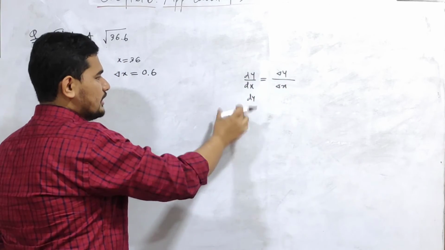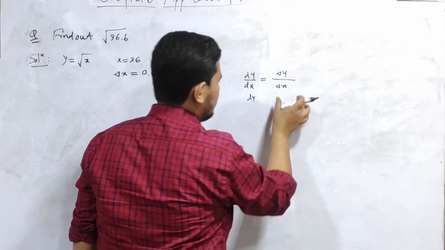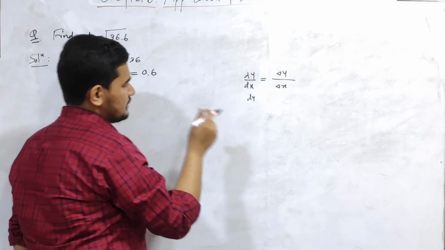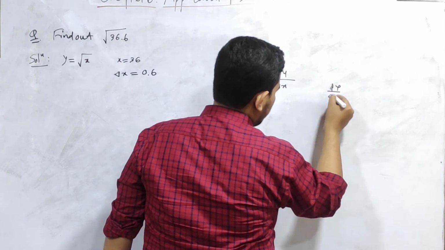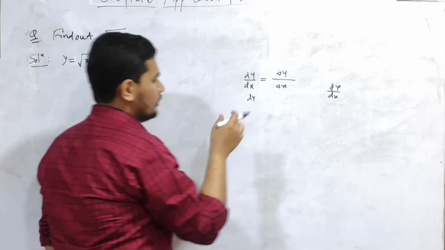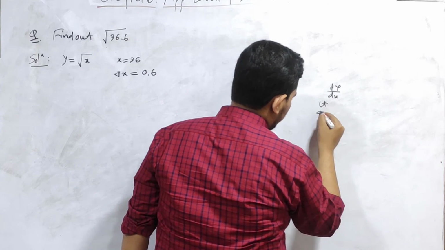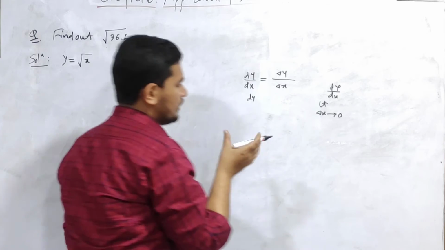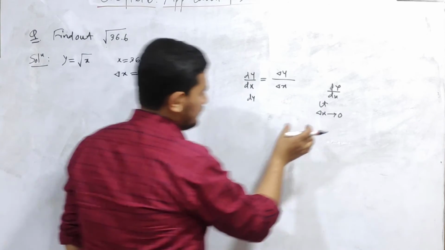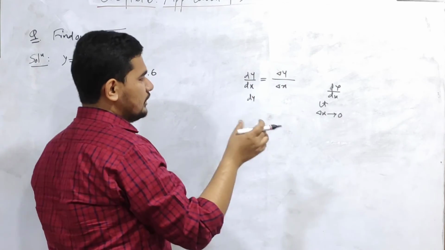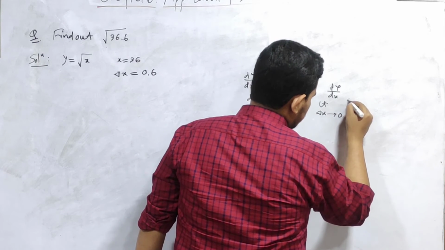This is dy by dx and this is delta y by delta x. So the basic difference is that dy by dx is the form we take after we find the limit. So when I take some function and take delta x tending to 0, then I can get this.